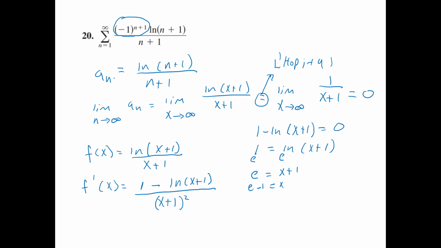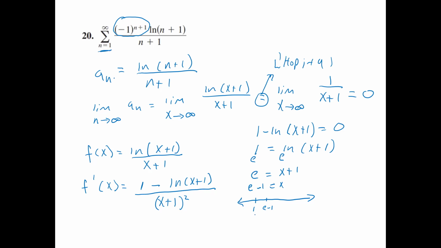Okay, so then that tells me that my only critical number, again, is we're only interested in from 1 on. E minus 1 is going to be a little bit more than 1. And so then there's e minus 1. So our inputs start here at 1.